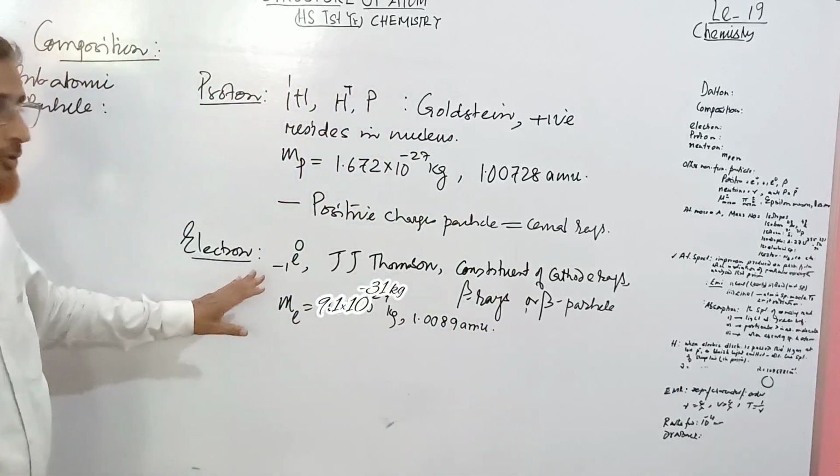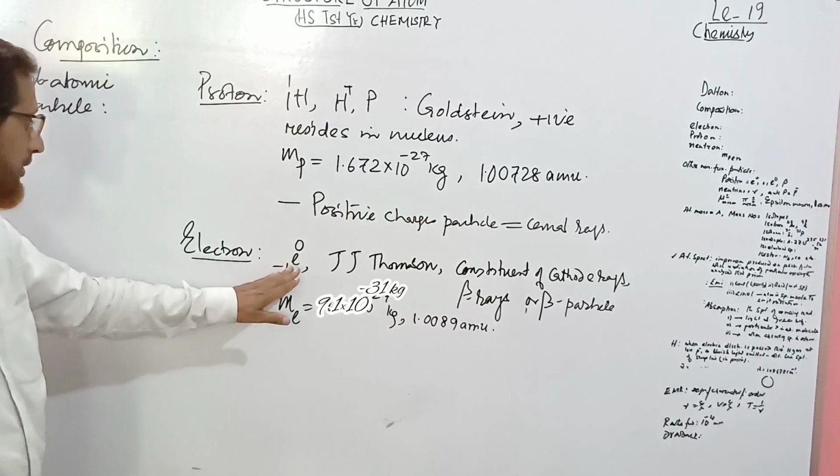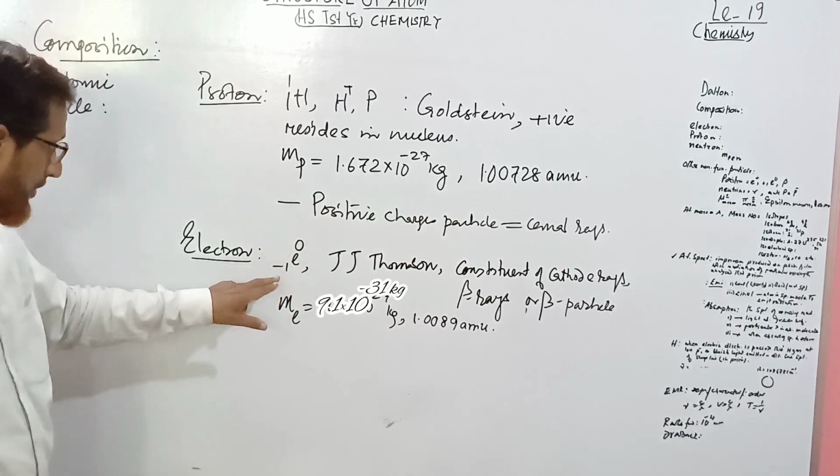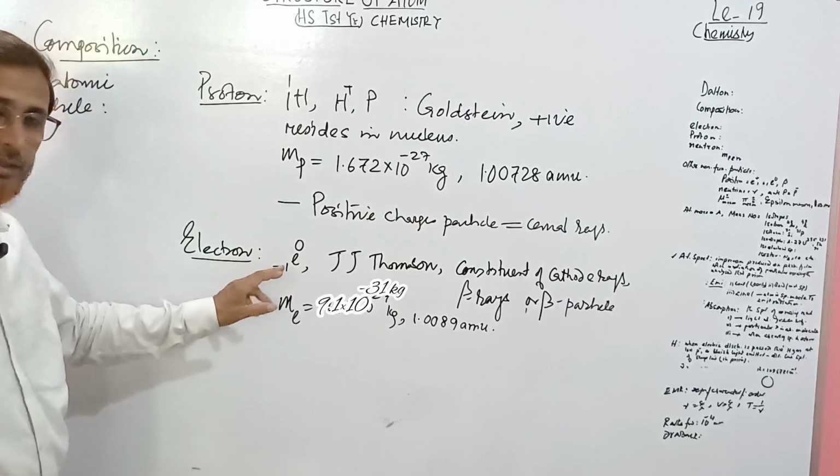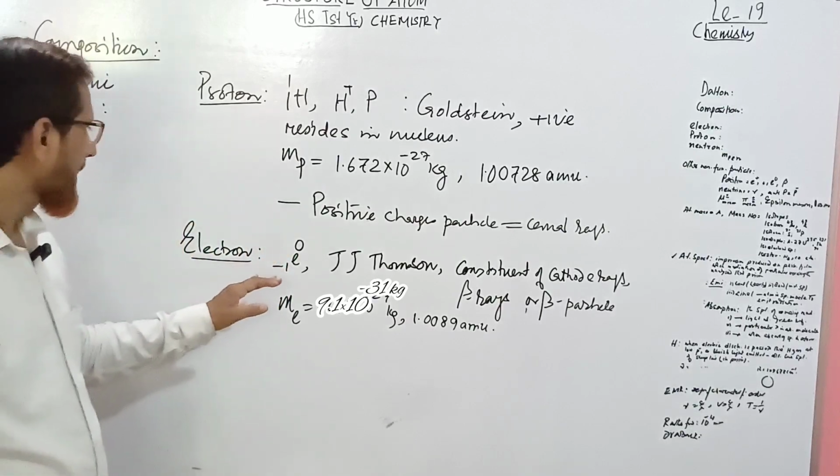Again, the electron is designated as -1 E 0, where -1 is the atomic number and 0 is the mass number. You will get it later on; I will explain.